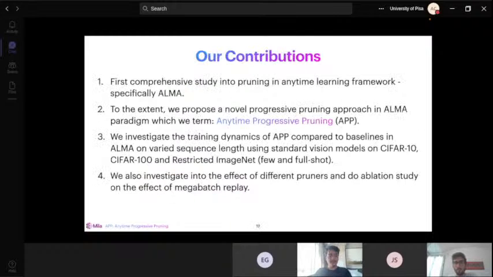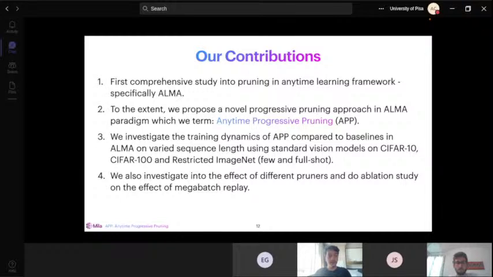Okay, so based on the design that I just discussed, let's see what actually the contributions of our work are. To the best of our knowledge, our work is the first comprehensive study into pruning in an anytime learning framework, and specifically we are talking about the ALMA framework.